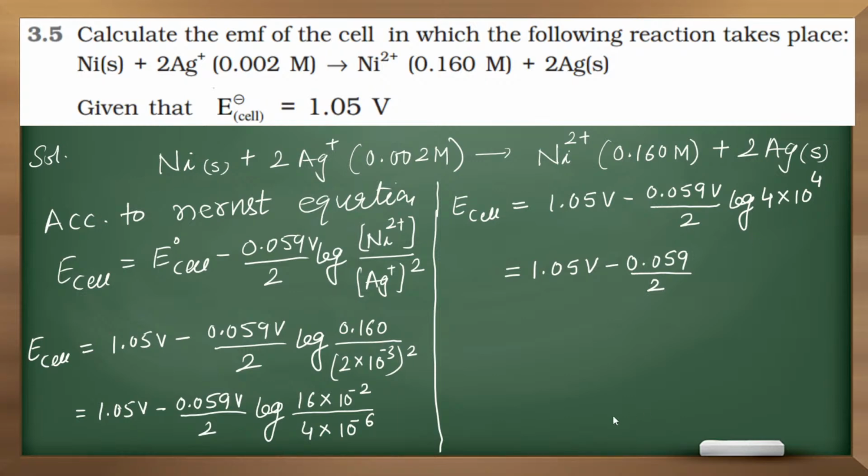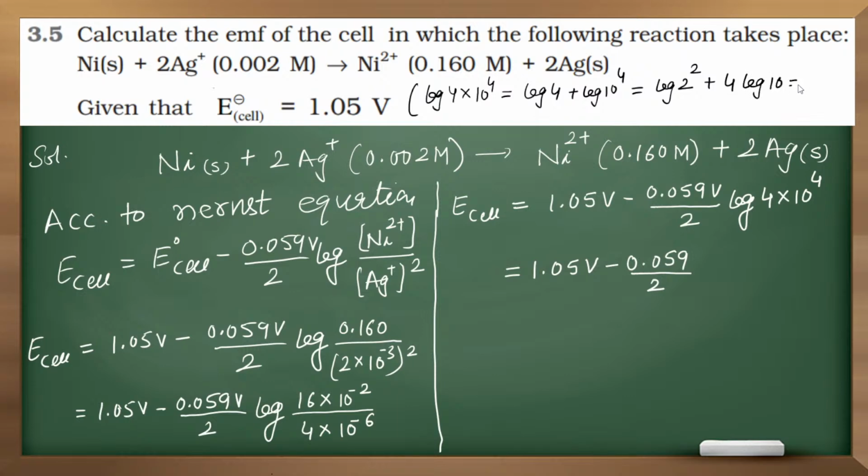So take separately, solve it. Log of 4 into 10 raised to power 4 is equal to log of 4 plus log of 10 raised to power 4. So it is log of 2 raised to power 2 plus 4 log 10.